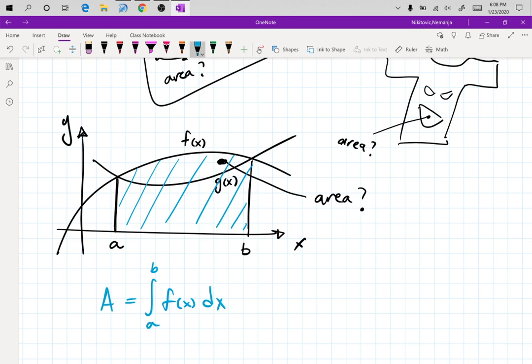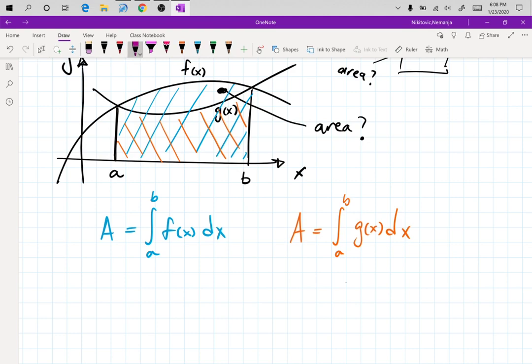Does anyone see the next step? Excellent. Calculate the area from A to B under g of x, which will be the stuff we don't need. And by subtracting the two, we have exactly what we need. Does it make sense?